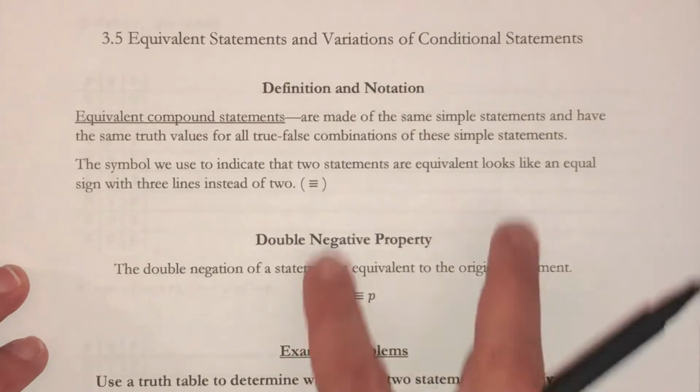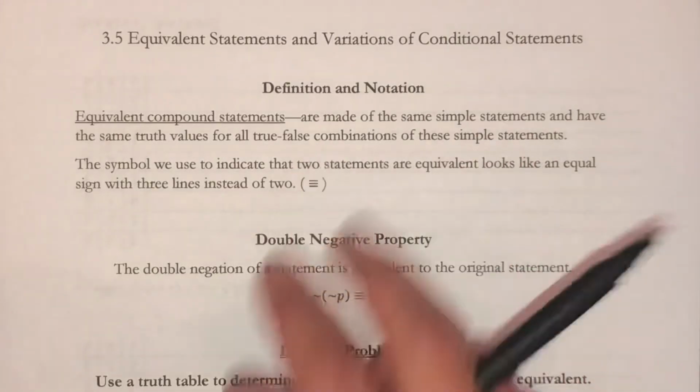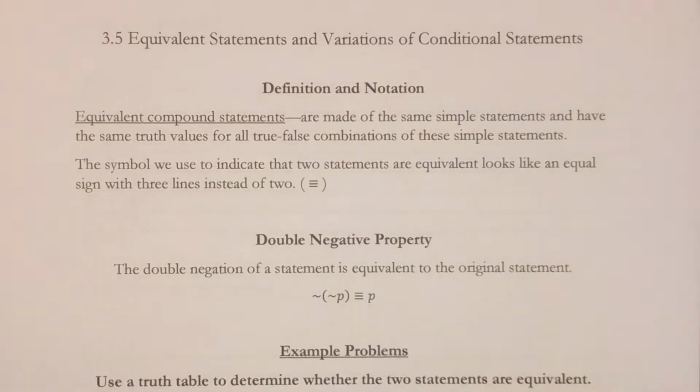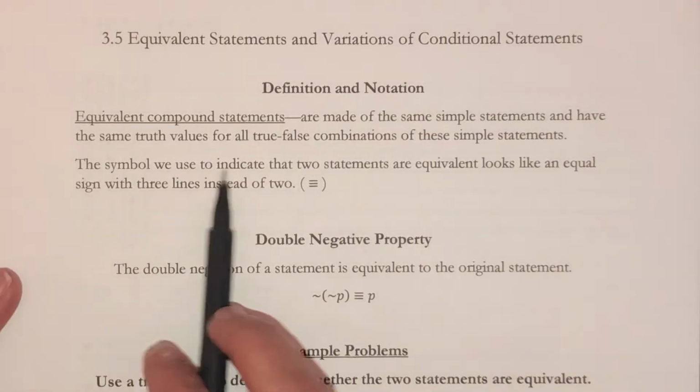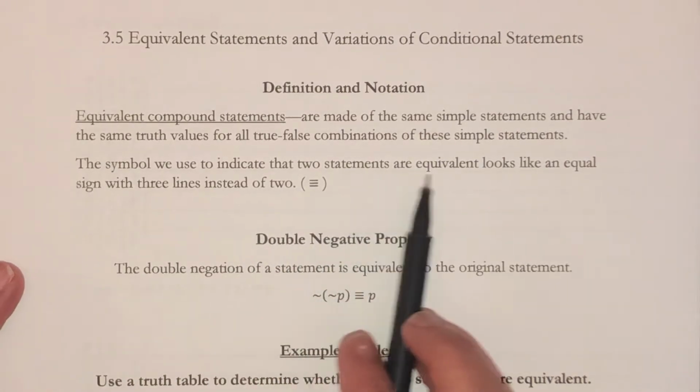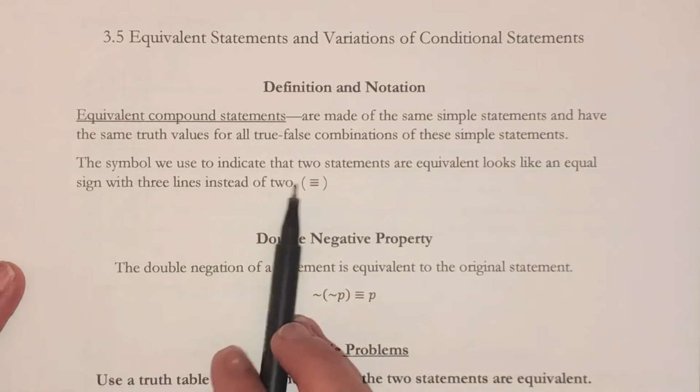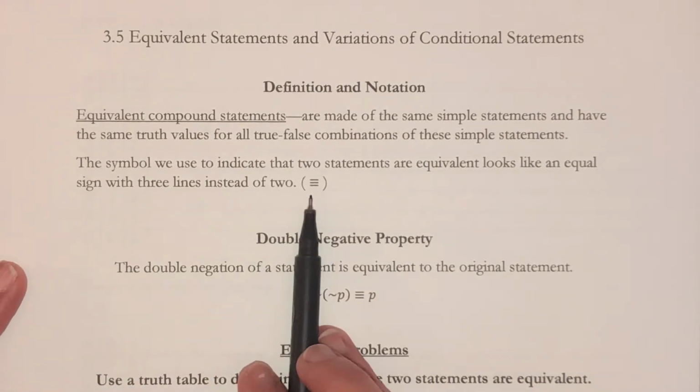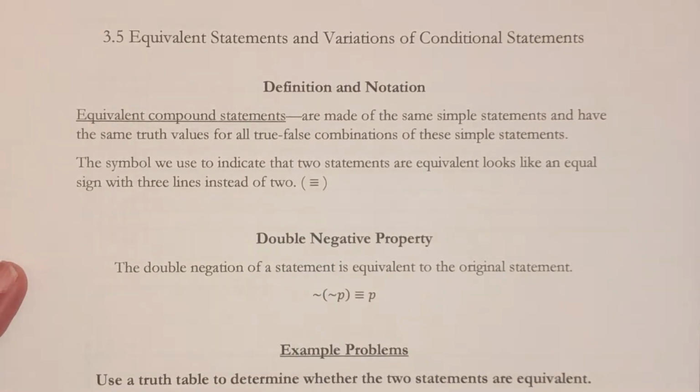So basically, if we put them on a truth table and compared them side by side, our answer at the end would be exactly the same on every single line. The symbol that we use to indicate that two statements are equivalent looks like the equal sign with 3 lines instead of 2. Okay, so a 3-lined equal sign.